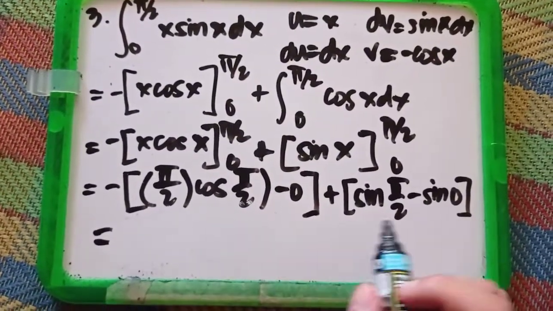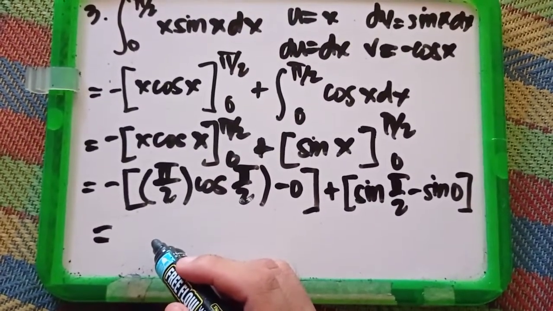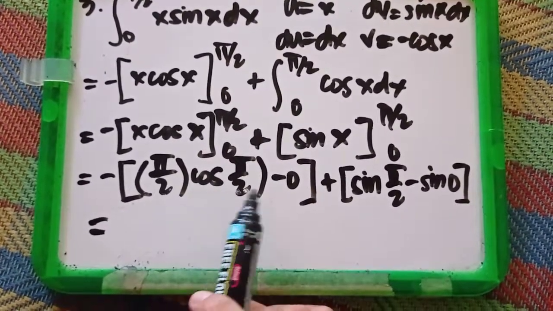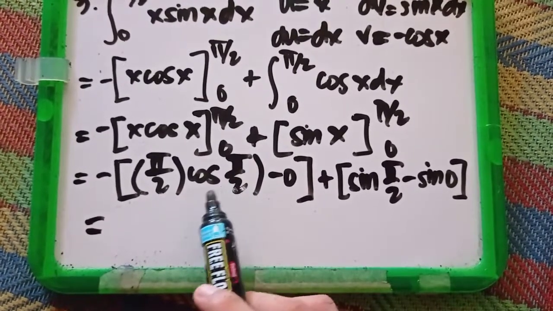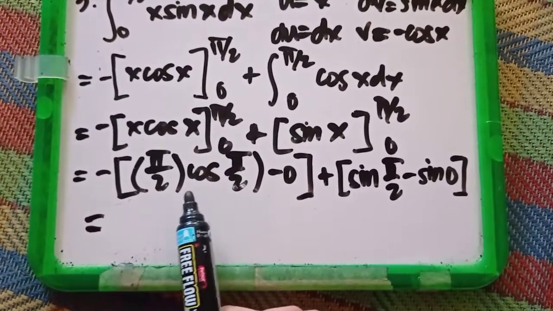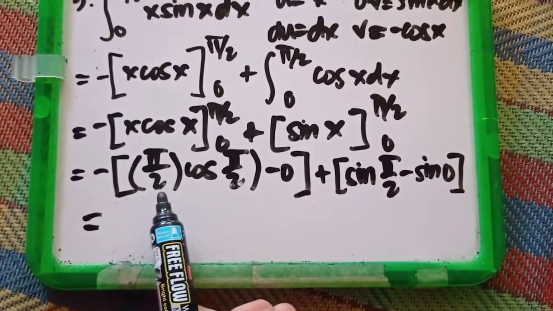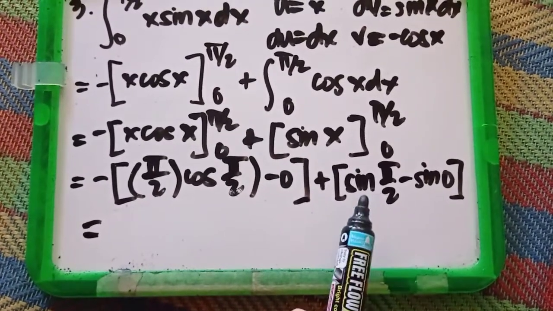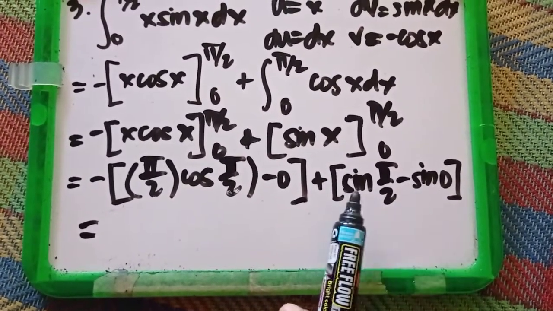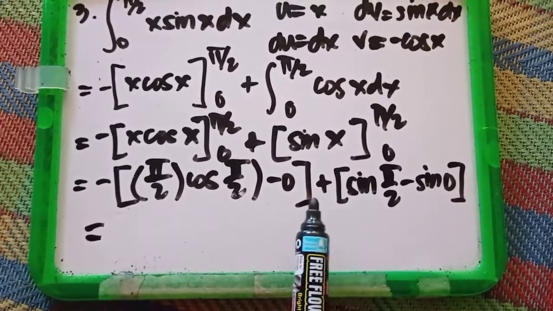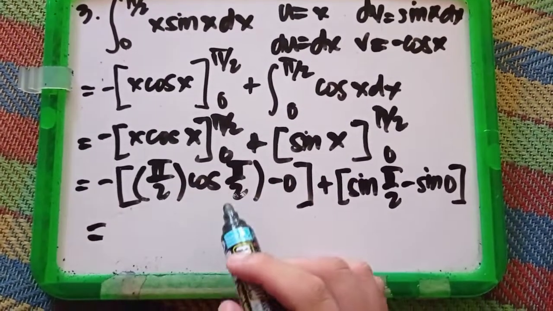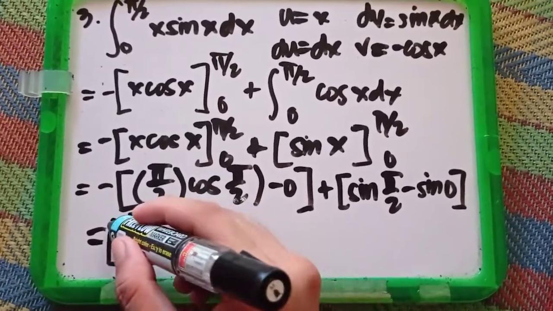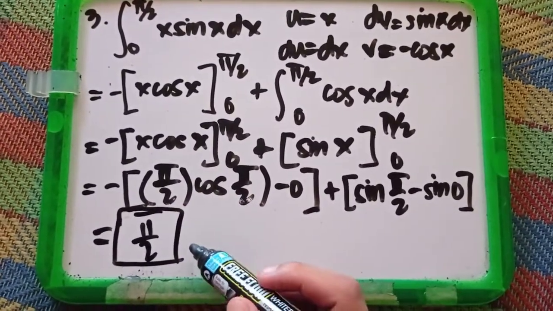So if we solve this, the final answer is, cosine pi over 2 is equal to 0, and this will be multiplied, and this will be 0, and this will be 1 minus 0. So 0 minus 0 is 0, and the answer is pi over 2. That's all. Thank you.